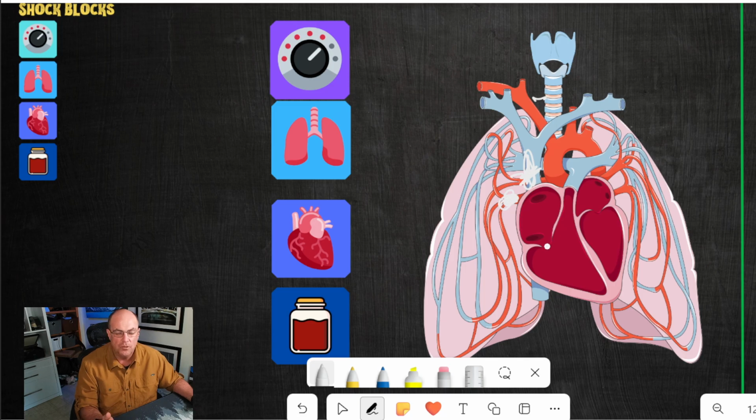So that's what obstructive shock is: the heart is being obstructed by something other than itself. Cardiogenic shock is the heart itself. In obstructive shock, something else is obstructing the heart from functioning properly, like decreased blood flow because a vessel is kinked off by a tension pneumo, or the pressure against the heart in a tension pneumo keeping it from beating properly. That is what obstructive shock is.